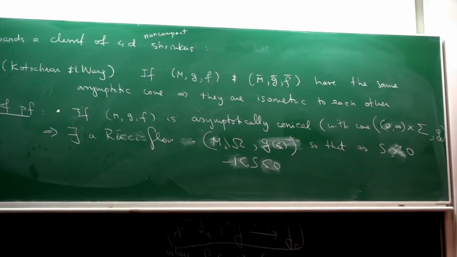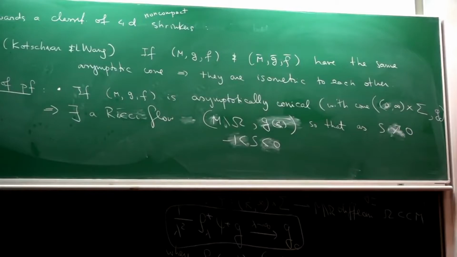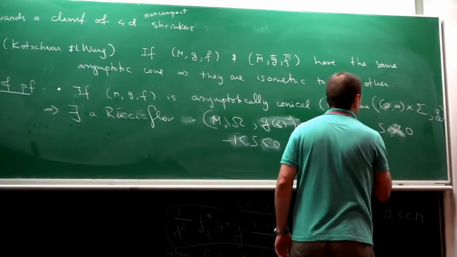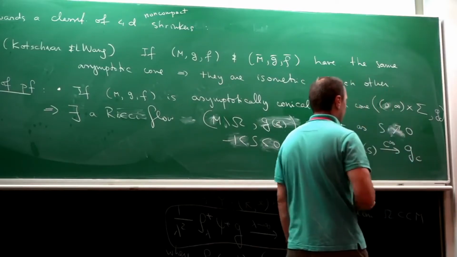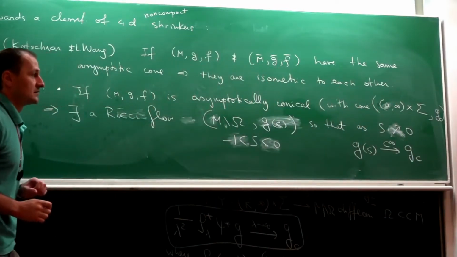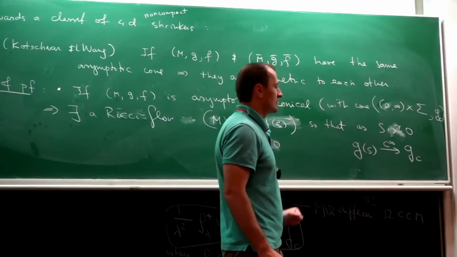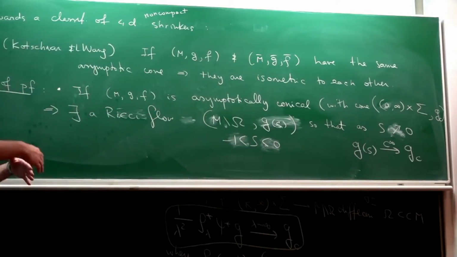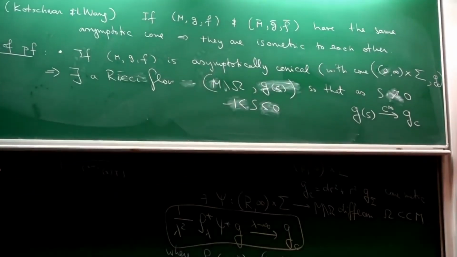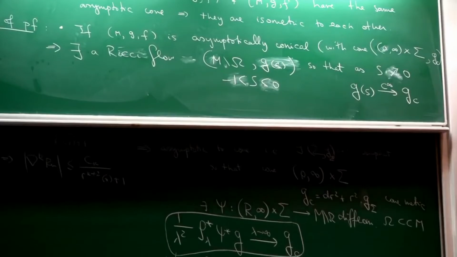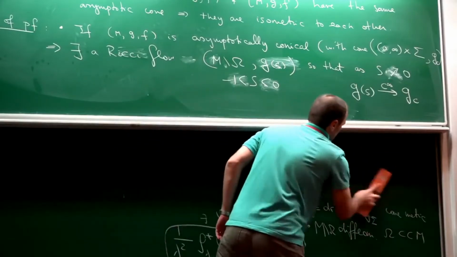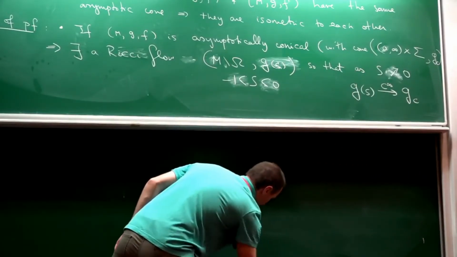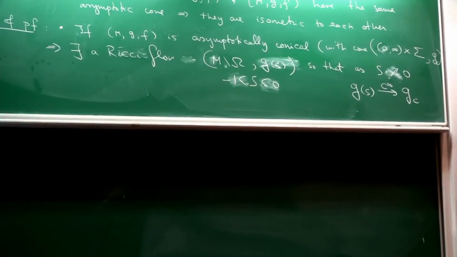So there exists a Ricci flow from -1 to 0, and as s goes to 0, the flow g(s) converges to the cone metric outside this compact set. The convergence is outside the compact set, and it's smooth. So we are removing the tip of the cone, removing a region in the cone, and then the convergence is smooth.